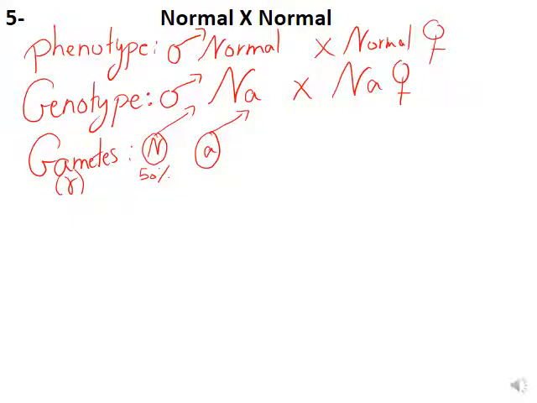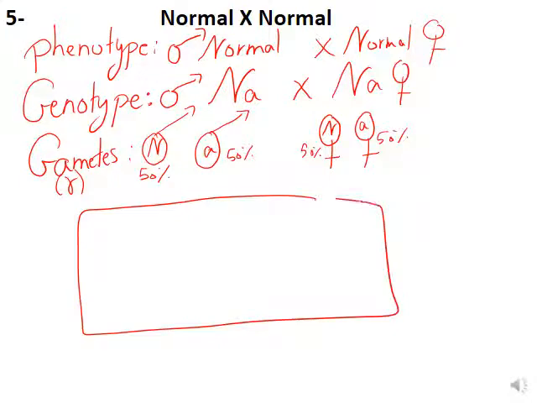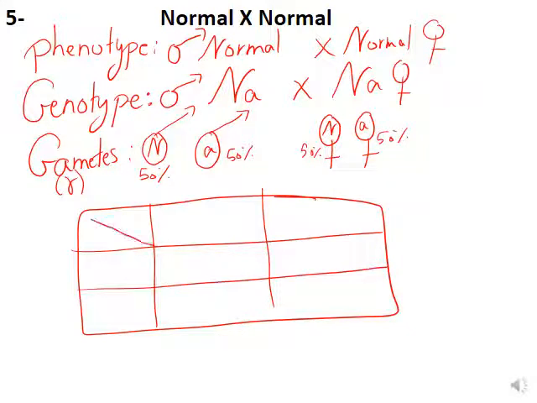With the female, it will be N, and here it will be A, also 50%, 50%, and here we forgot to put 50%. Table of cross, it should be like this. This is the table of cross, male and female.